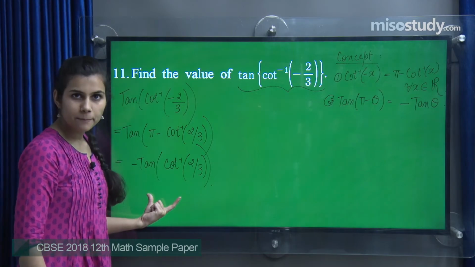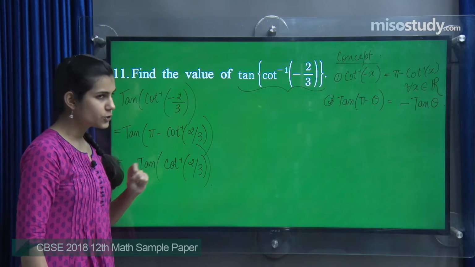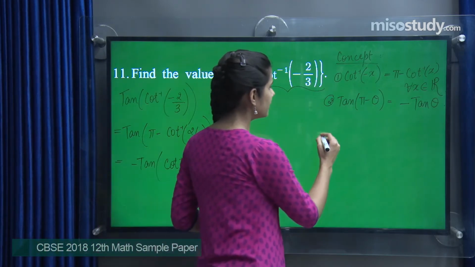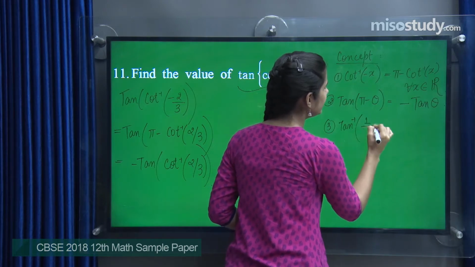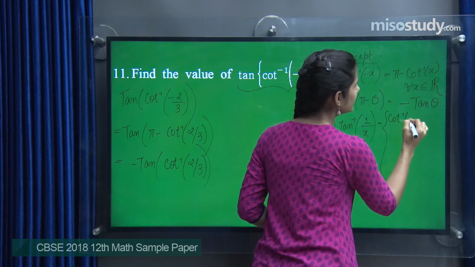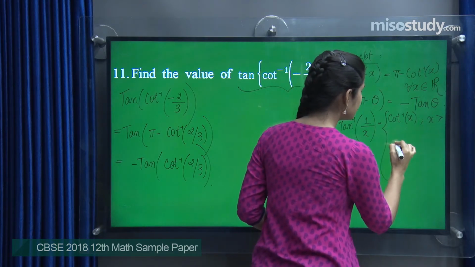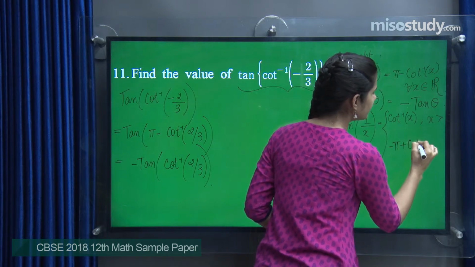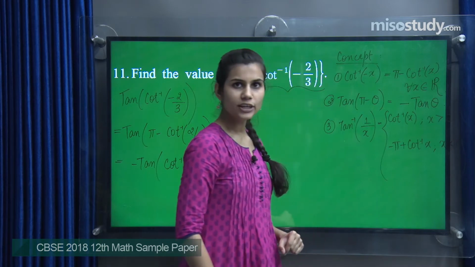Once this much is accomplished, what do I need to do next? Now you have cot inverse 2 by 3. If you remember, we have done a property that tan inverse 1 by x is cot inverse x whenever x is greater than 0, and it is minus pi plus cot inverse x whenever x is less than 0.